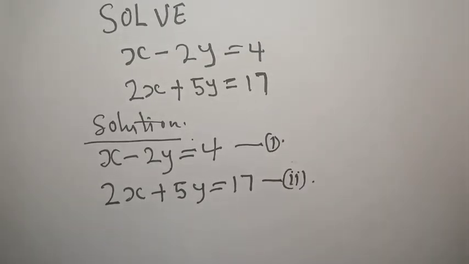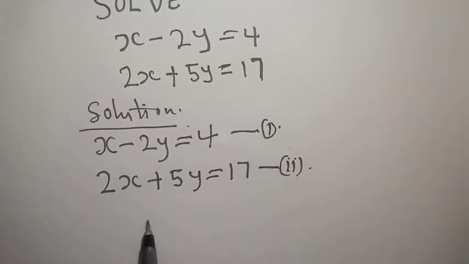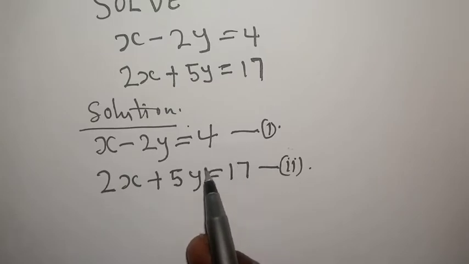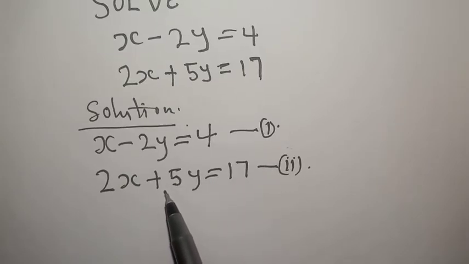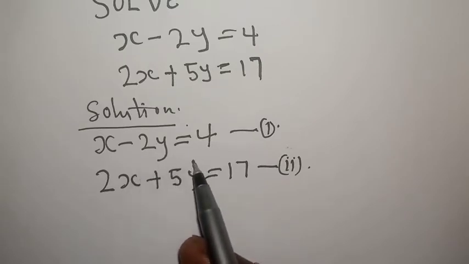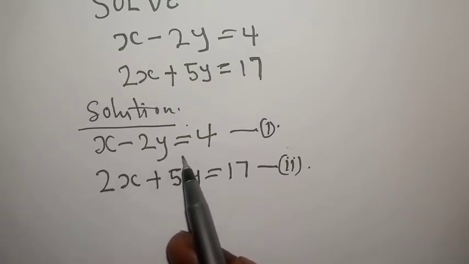Now, since it's the substitution method and we said one of the two unknowns is going to be made the subject of the formula, let's pick any of the equations. It's either equation 1 or equation 2. But in my own case, for this example, let me pick equation 1 and make either x or y the subject of the formula.